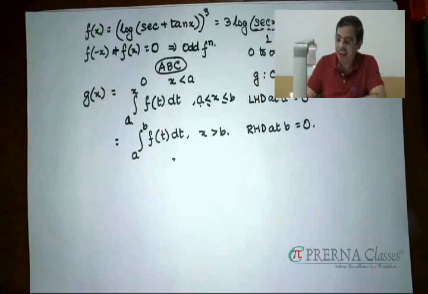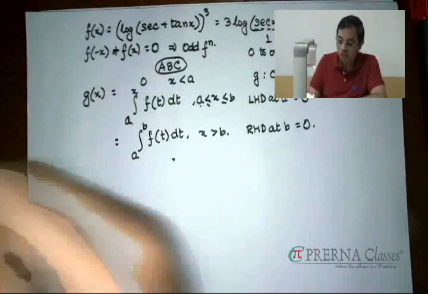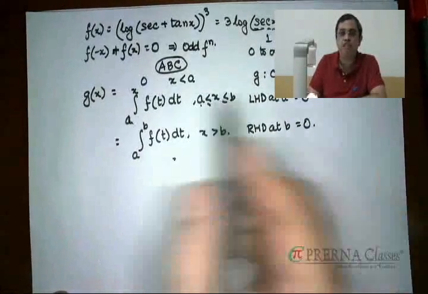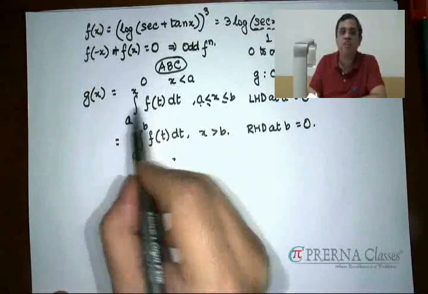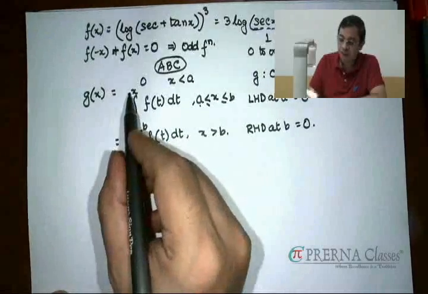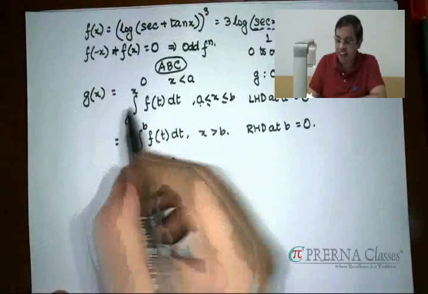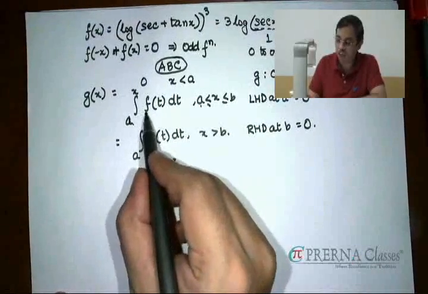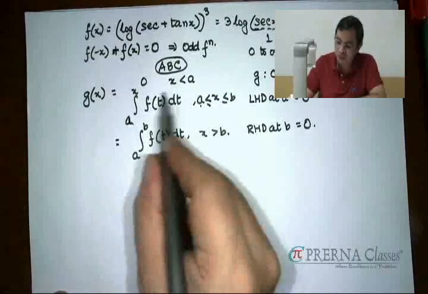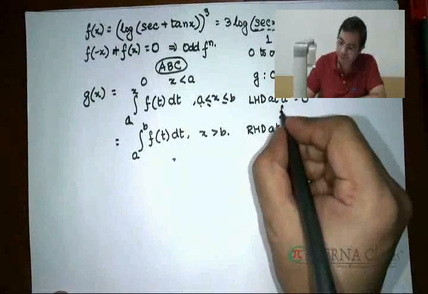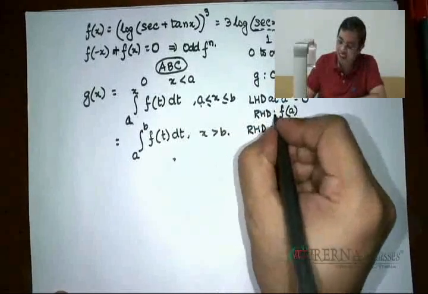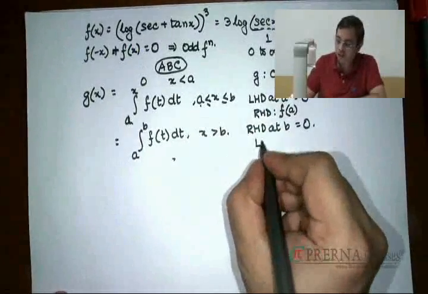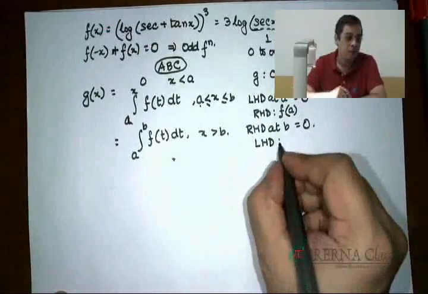All we then need to check is the right hand derivative at a and the left hand derivative at b, which is going to be obtained by the differentiation of this function as x approaches a or b respectively. The right hand derivative at a then is going to be the differentiation of this function, which comes out to be f of a. So the RHD is going to be f of a. Similarly, the LHD that we have at b is going to be f of b.